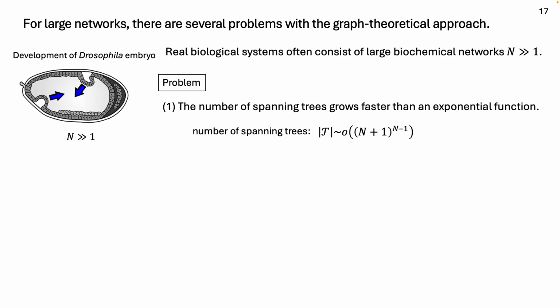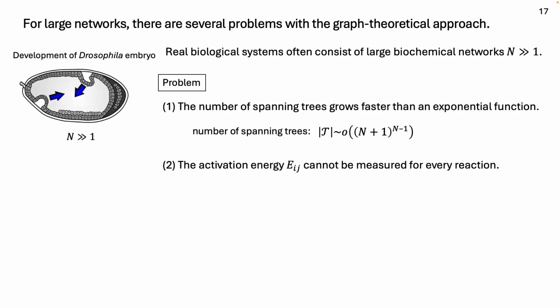In this case, there is a problem. The number of spanning trees grows faster than an exponential function. It grows as n plus 1 to the n minus 1. So the computational cost may be high.